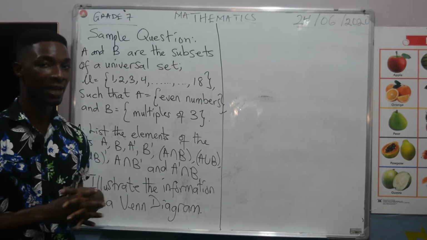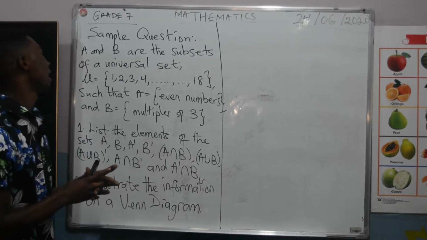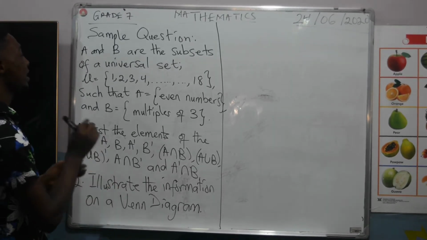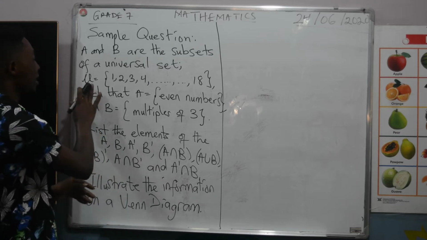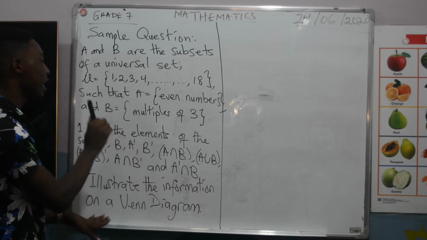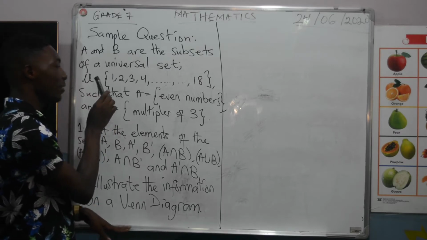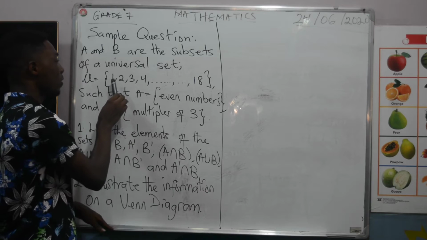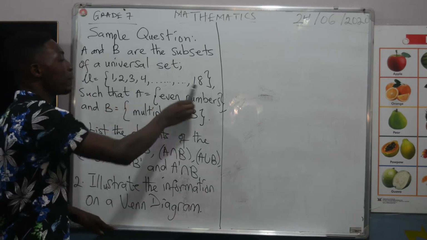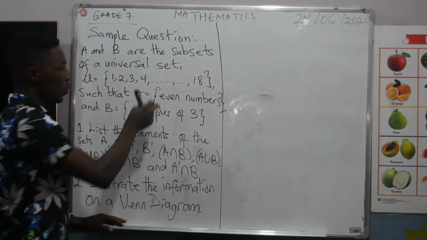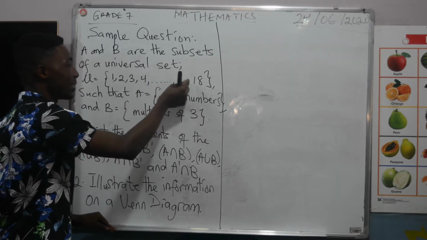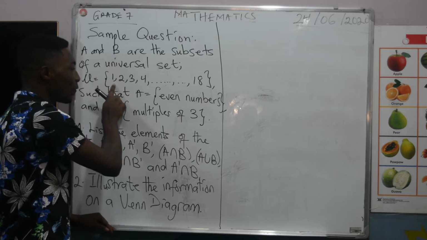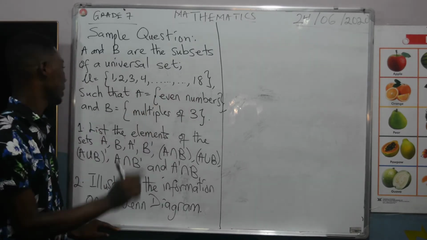Let's read the sample question together. A and B are subsets of a universal set. And this is the universal set. The universal set has these elements from the counting numbers 1, 2, 3, 4 up to 18. So it spans from 1 to 18.